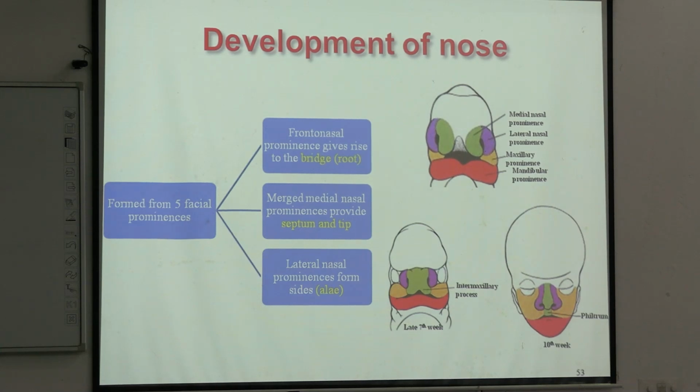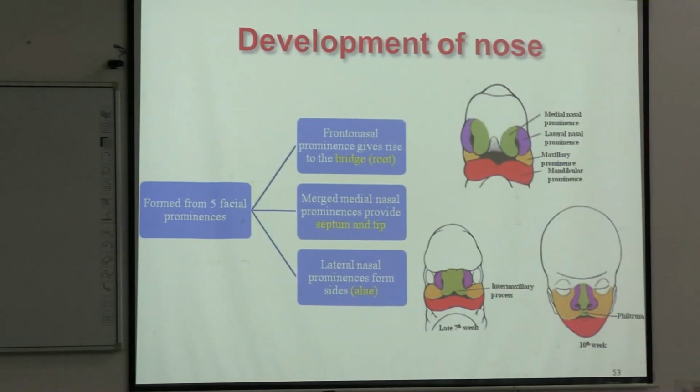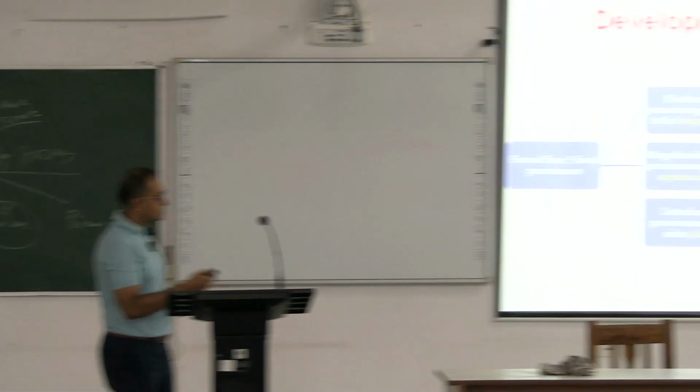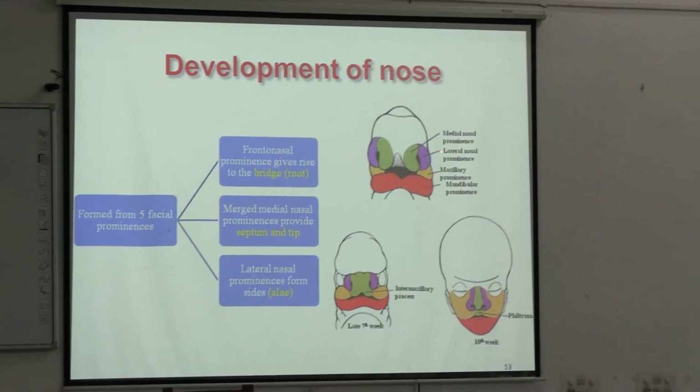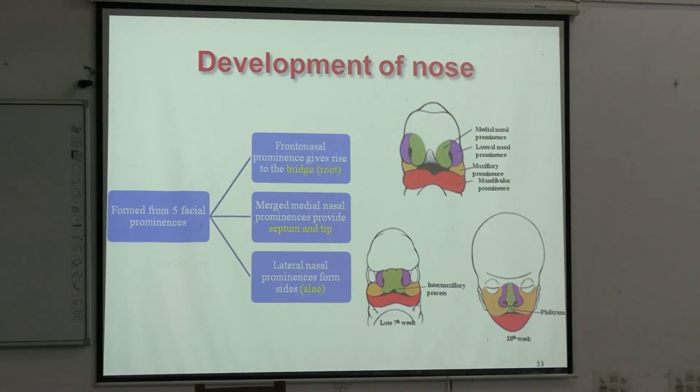Now the lateral part, which we call the ala of the nose, is formed by the purple element, which is known as the lateral nasal prominence. So the nose as such is contributed by three elements: the frontonasal prominence, the medial nasal prominence, which is splitting into two, and the lateral nasal process, right side and left side.